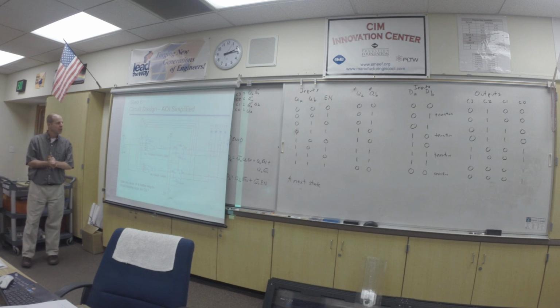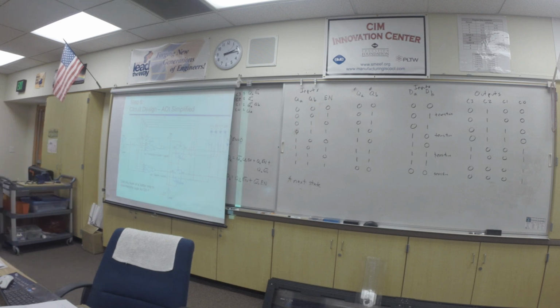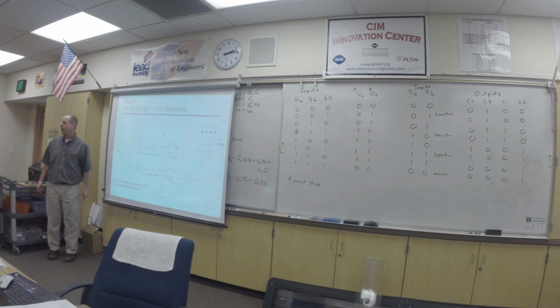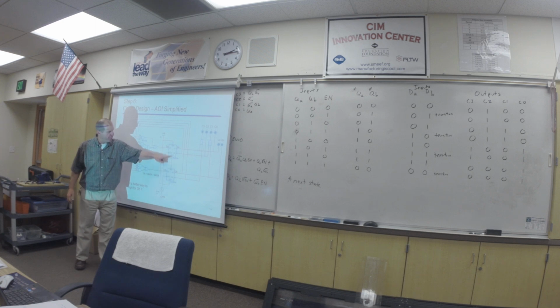All right, so here is the circuit. I do not expect you to draw this, but I do want to show you how this has been set up. Here are our two flip-flops. Here's our flip-flop A, that's the LSB, and here's our second flip-flop, that's the MSB.